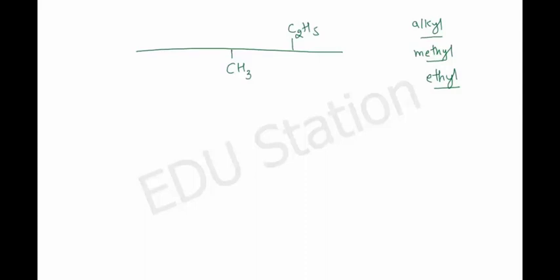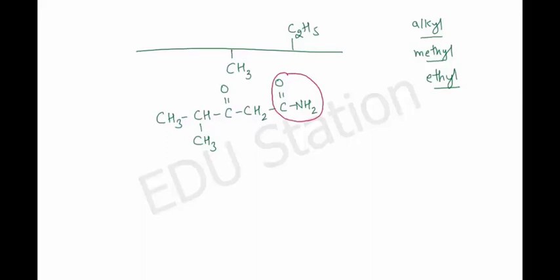Now let's say we try and name this. CONH2 is amide, this is keto.